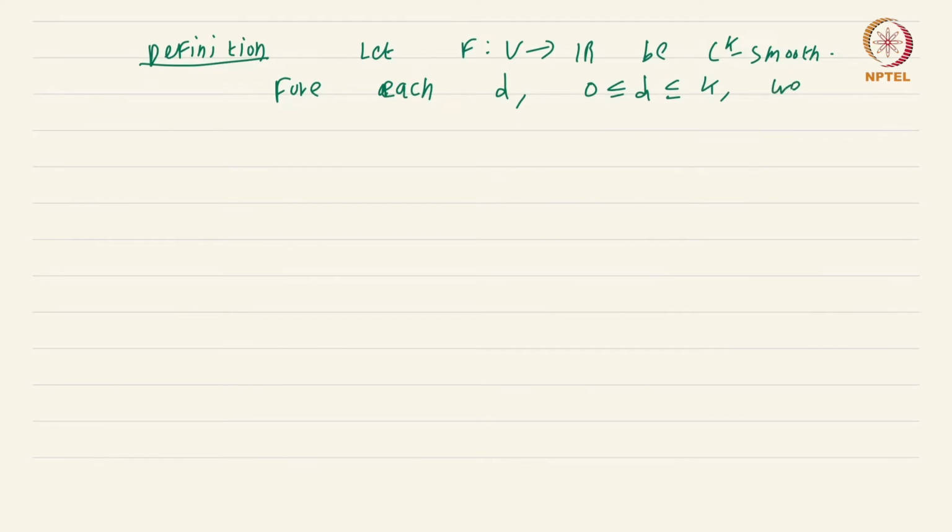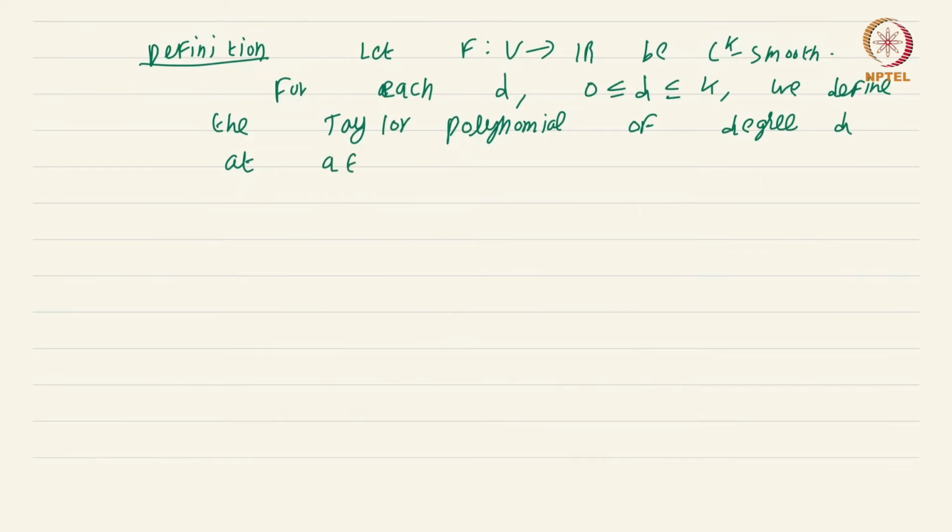We define the Taylor polynomial of degree d at a in U of f to be, so the notation for this is T_d f a (x).